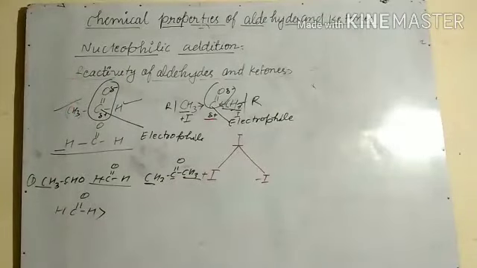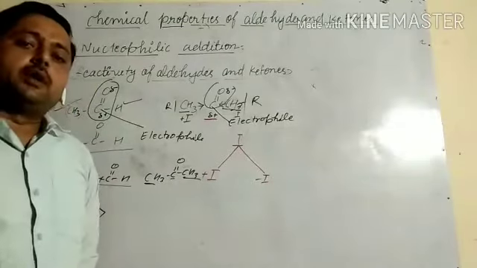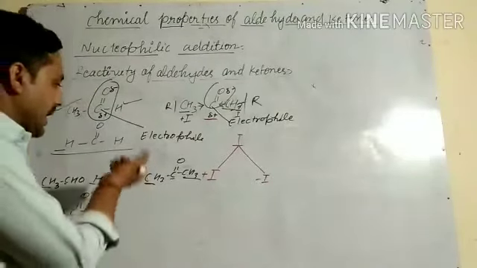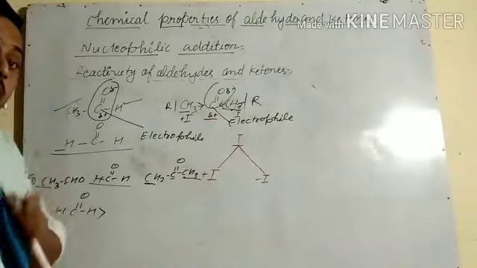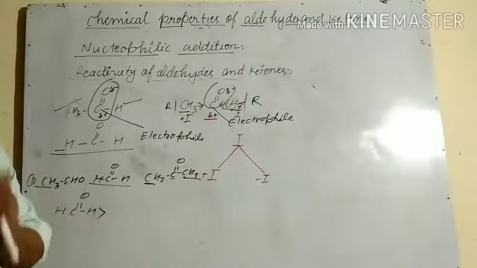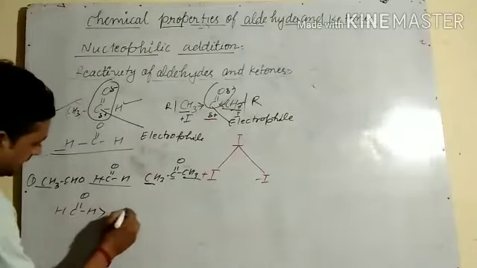I told you if alkyl groups are attached to the carbonyl carbon, they reduce its electrophilic nature, because they show plus inductive effect, they are electron repelling groups. So what will be the order?